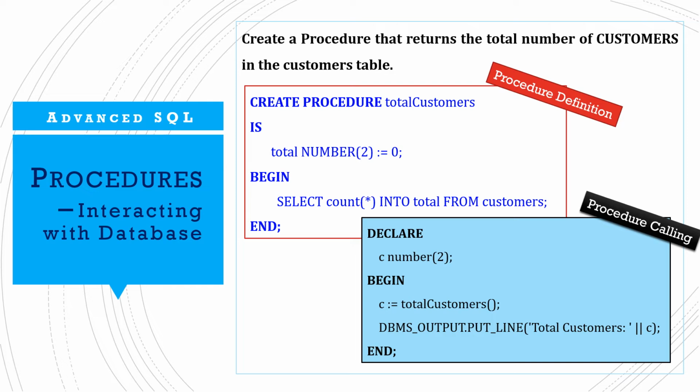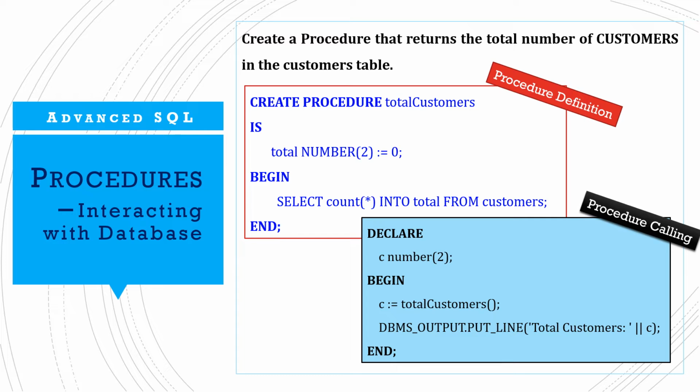Now let us look into the procedures which interact with the database. So we are going to create a procedure which returns the total number of customers in the customer table. Okay, so we are going to create a procedure, create procedure total customers. Then we are declaring a variable total is equal to 0.